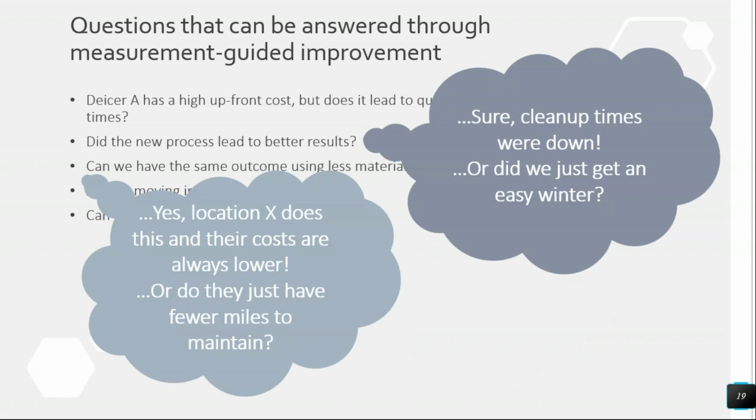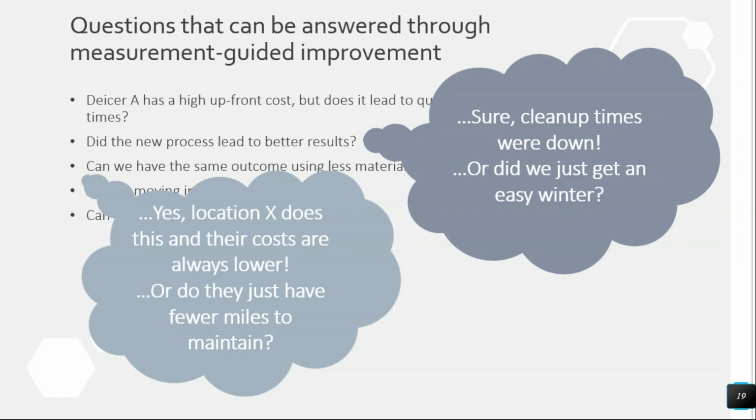If you tried de-icer A and you compared it to somewhere else or some other time that you were using de-icer B, the old versus the new, and you said, yay, our cleanup times are down. But did we just get an easy winter this winter versus last year? Or if one location does something and their costs are always lower, well, do they just have fewer miles to maintain?